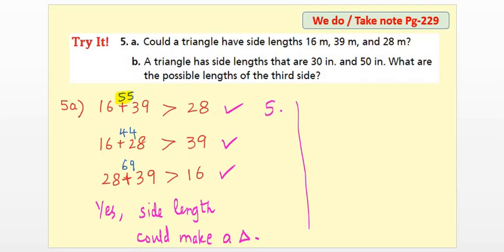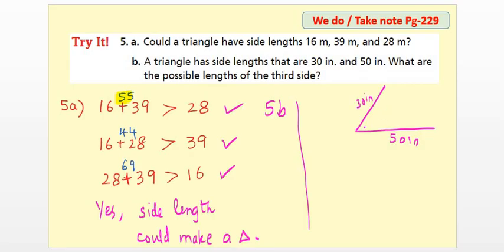For 5b, they are saying that a triangle has side lengths of 30 inches and 50 inches. What are the possible lengths of the third side? First let me explain what they mean. For example, if you draw 50 inches over here, and then you make, let's say, 30 inches over here. There are two possibilities.